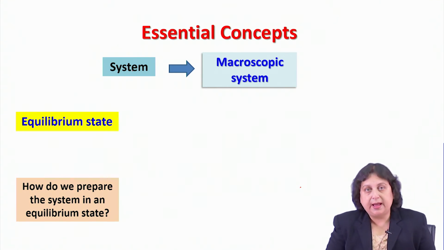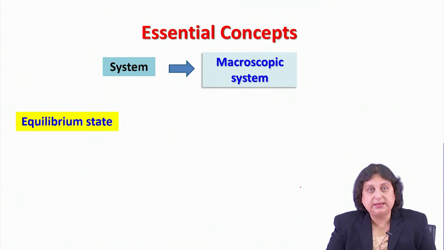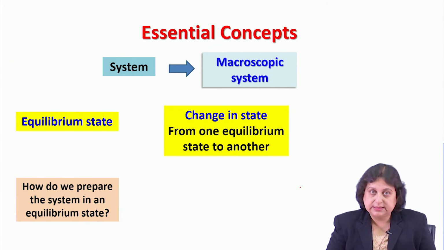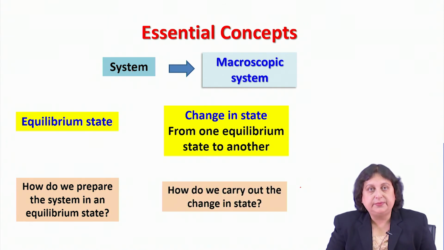Once you have prepared the system in an equilibrium state, the next question is, if I want to induce the system to undergo a change in state, that is, I will perturb the system so that it passes from one equilibrium state to another, then how do we carry out this change in state?